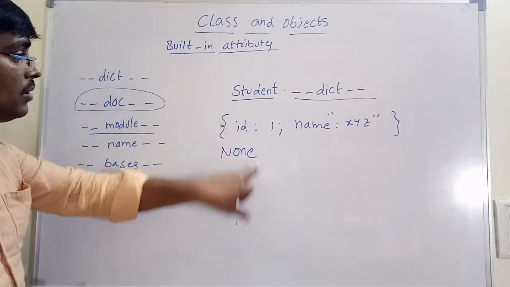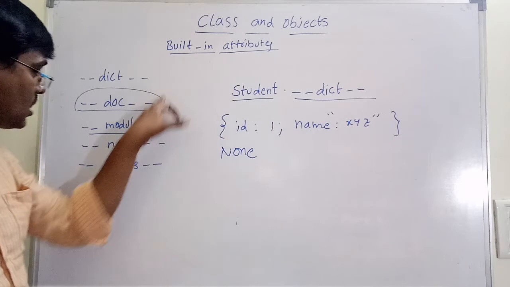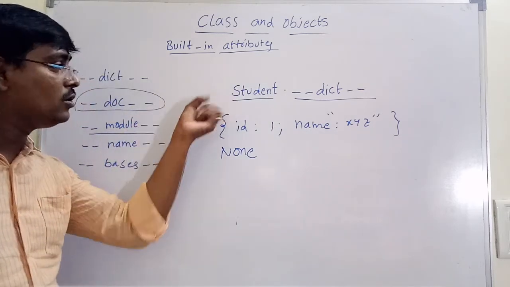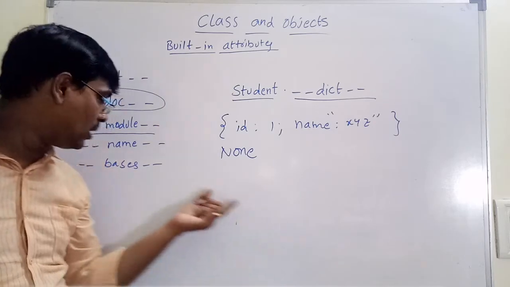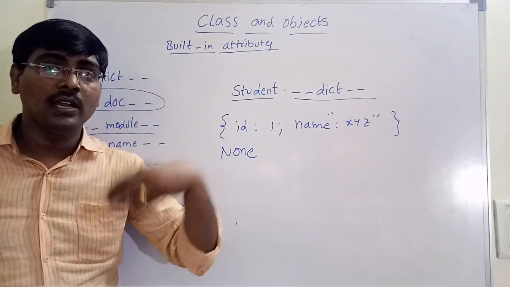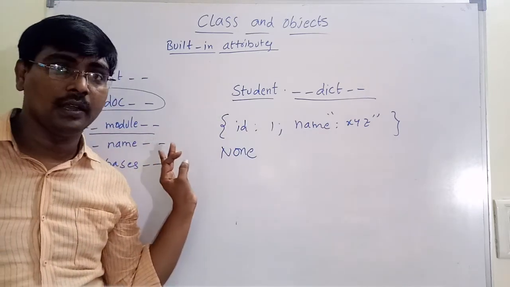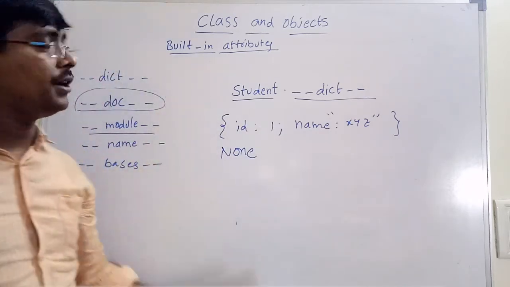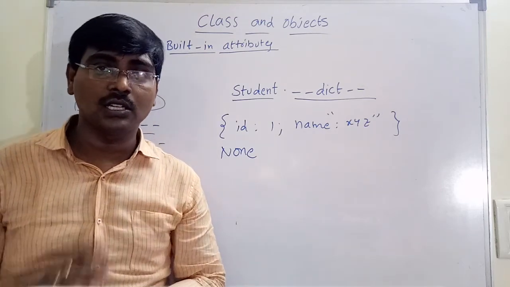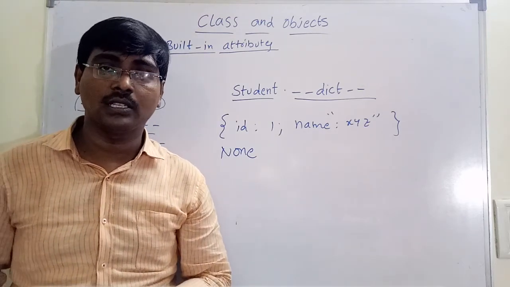Remember, the syntax is class name dot attribute name. Name gives the name of the class; for the Student class, the answer is Student. Bases: if you are using inheritance, the nearest base class is displayed. These are the built-in attributes. Okay, this is the concept of classes and objects. In the next session we will discuss constructors. Thank you.